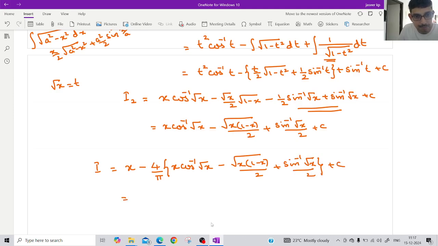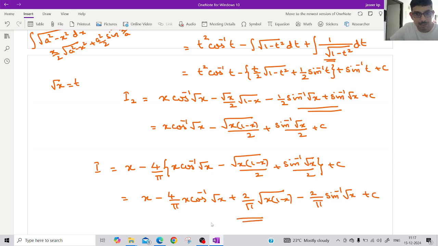So that means simplifying, x minus 4 by pi x cos inverse root x plus 2 by pi square root of x into 1 minus x, then minus 2 by pi sine inverse of root x plus c. So this will be the answer to this particular problem.